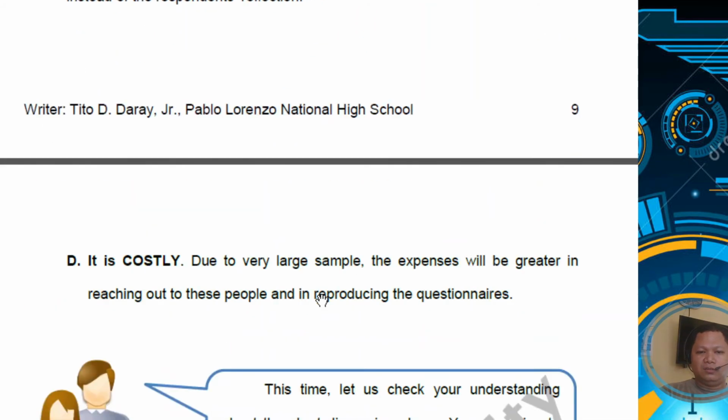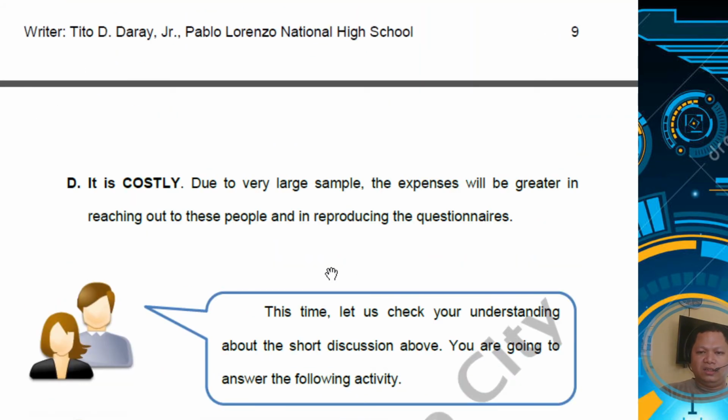Then letter D. It is costly. When conducting a study, especially in quanti, it's very costly, especially in reproducing your questionnaires. In my experience as a researcher, when I conducted my study in my doctorate, I spent, I think, 5,000 pesos reproducing my questionnaires, because it's a region-wide study in Region 11.